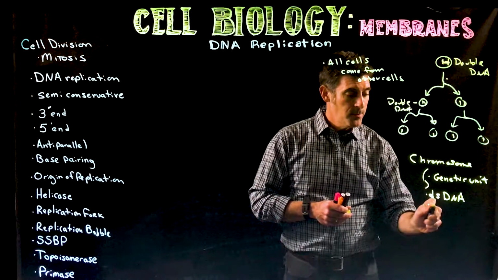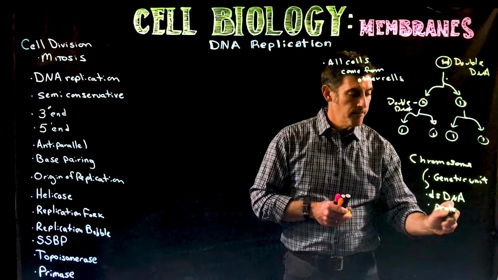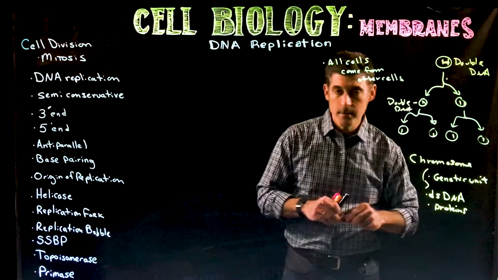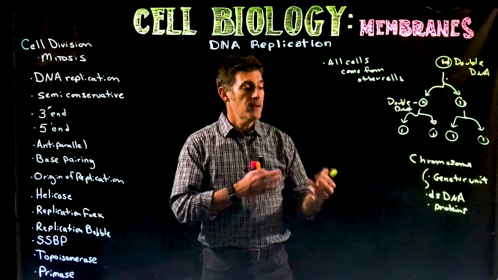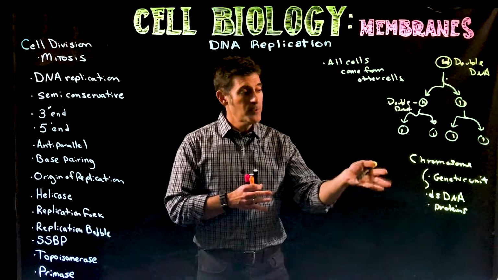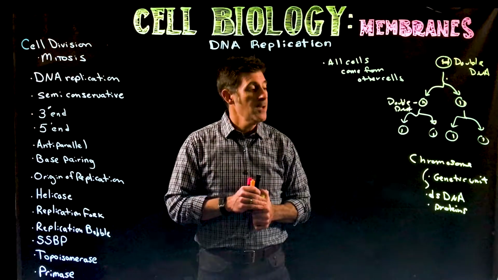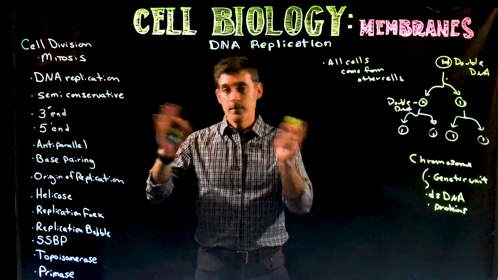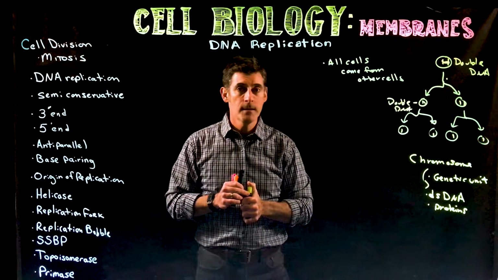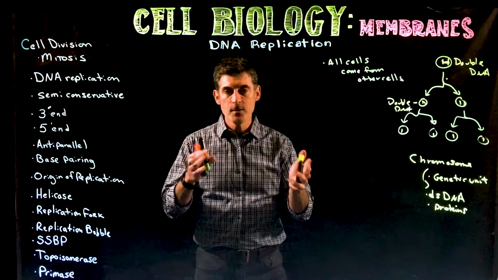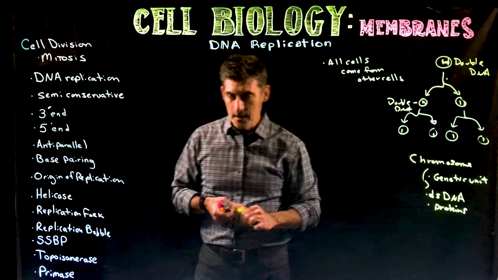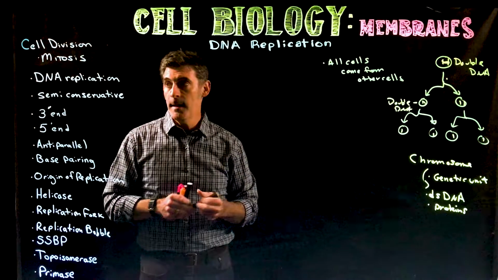In addition to the double-stranded DNA, there are organizational proteins called histone proteins that are also part of it. And a chromosome is really about 50% DNA, 50% protein by mass. So that's a review. If you're not familiar with the specifics of the structure, go back and look at the earlier lectures on DNA.